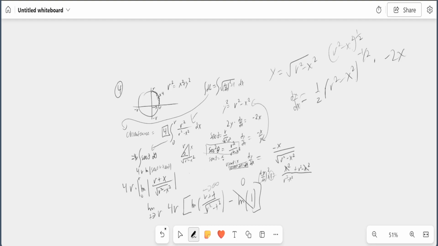Negative 2x. Okay. And then we go negative x over. Yeah, so that's right. And then it becomes x squared plus r squared minus x squared, r squared, rx.